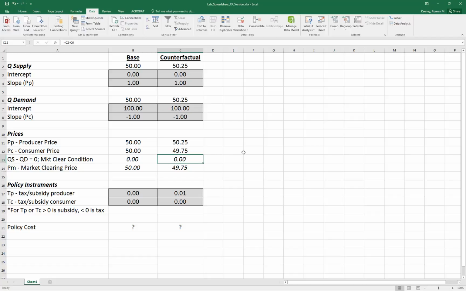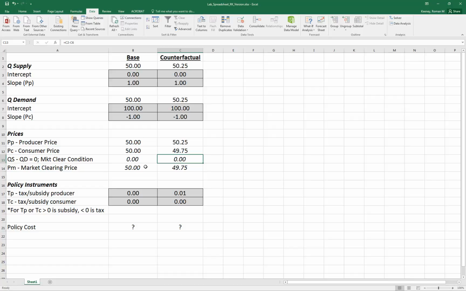Okay, so what actually happens when you put this producer subsidy on this market, you add this producer subsidy of 1%. The common, wrong-headed thinking is to say, well, the price is 50, 1% subsidy to that is 50 cents, so producers are going to get a price of $50.50.